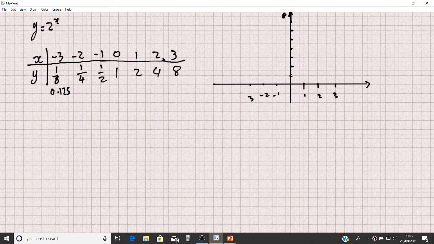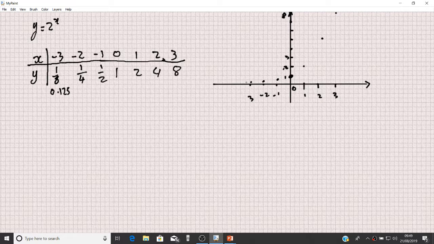So this is an important point: when x is 0, y is 1. When x is -1, y is a half. And we get closer and closer, with 4 up here and 8 up here.